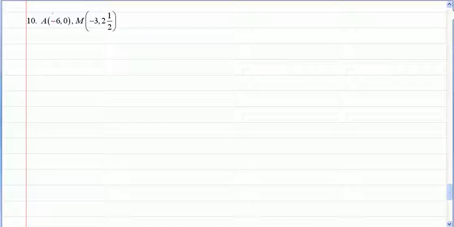So for number 10, negative 6, 0 is the point x1, y1. This time we don't have a graph, so we'll have to use the formula. Point M is the midpoint, so that's our x sub m, y sub m.